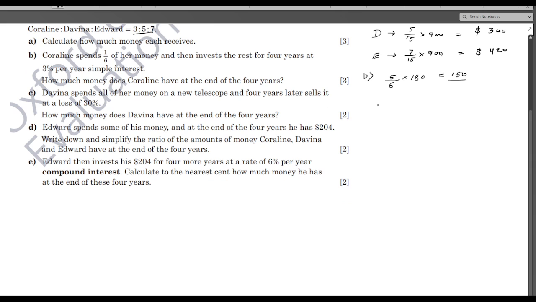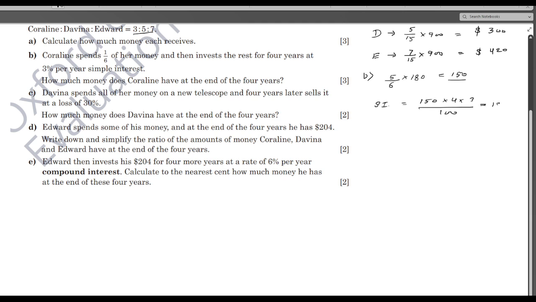So simple interest, if I calculate for 4 years, it is 150 times 4 times 3 divided by 100. So 150 times 4 times 3 divided by 100 will give 18.